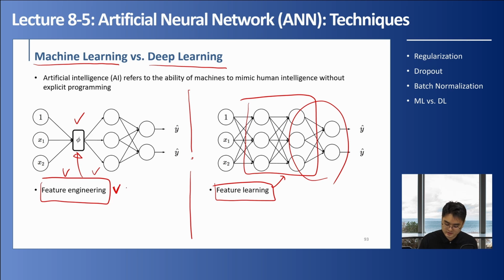In those cases, feature engineering will provide many advantages to our machine learning model to learn well inside our engineering data. When we have a sufficient amount of data, then we are able to let our machine learn the features itself. And that's where we can utilize deep learning. So both machine learning and deep learning are very important. And in the following classes, you're also going to learn more deeply about deep learning. So that's all for the artificial neural networks.